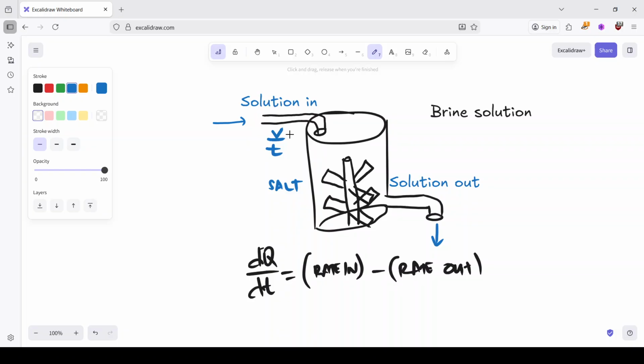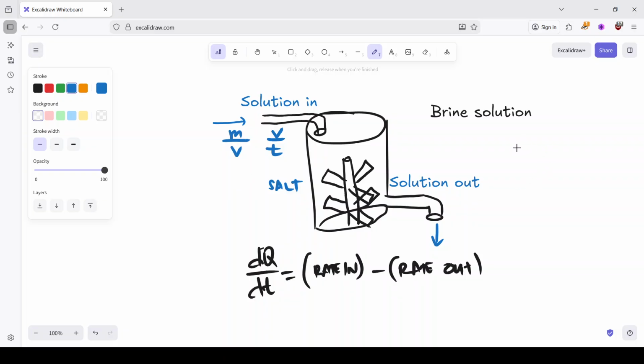Now the concentration of our salt, in this case, will be the amount of salt, which we call Q. The amount of salt is a mass, so let's call that M, over the volume.